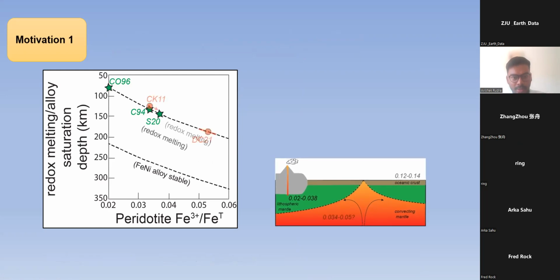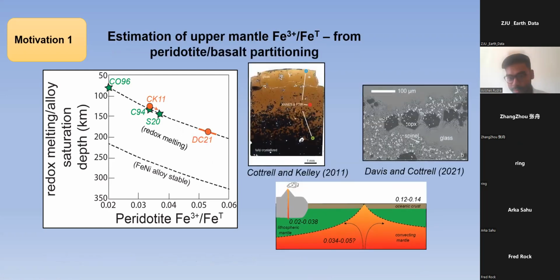The other way that people have tried to measure the ferric iron content of the mantle is by measuring the ferric iron content of basalts. As you know, about 10 years ago, Elise Cottrell and company developed the method by which you can very precisely and accurately measure ferric iron in basaltic glasses. By measuring the ferric iron content of the basalts and assuming a certain partition coefficient of ferric iron during partial melting of the mantle, you can back calculate what the source ferric iron content was.